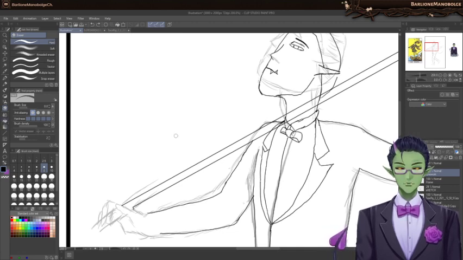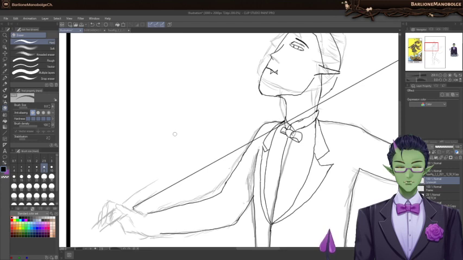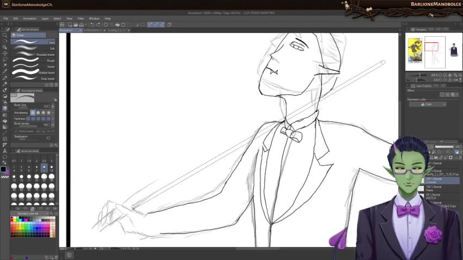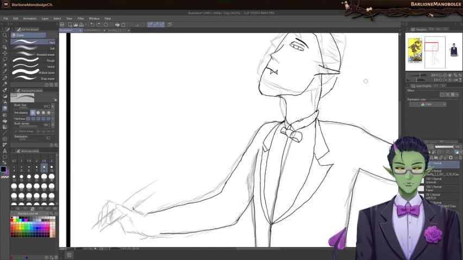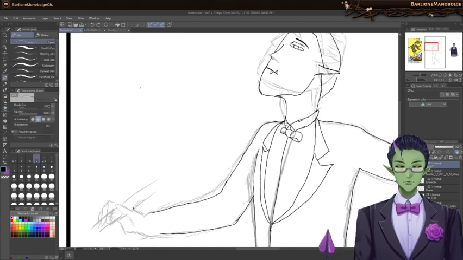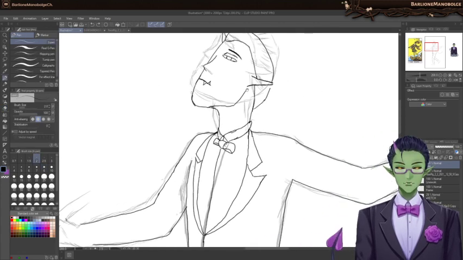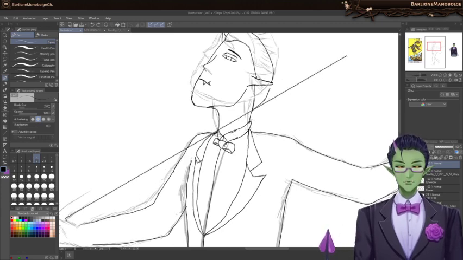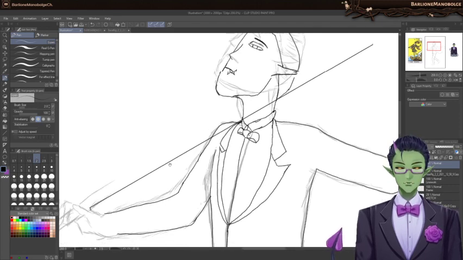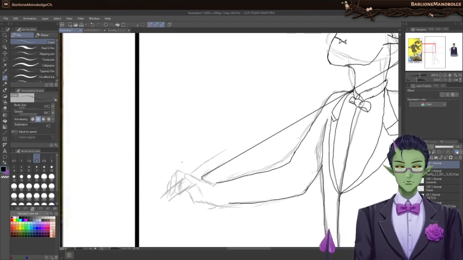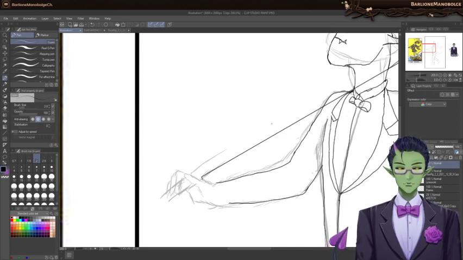Ah, I see the issue. I need to actually create a vanishing point that is on the neck. So, here. That way it can convincingly go behind.